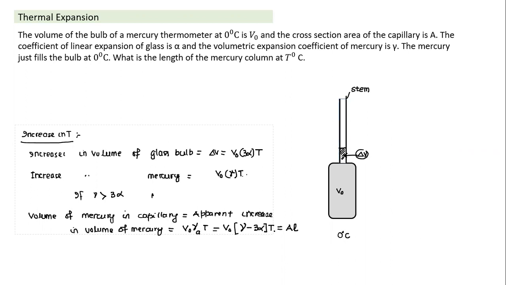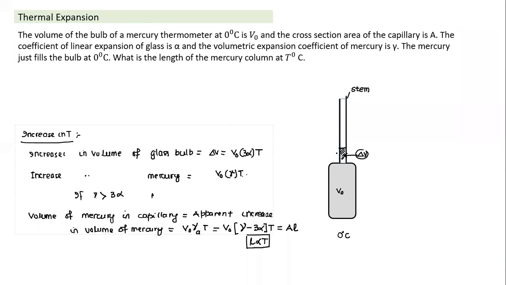And second, L is proportional to T here. So by this whole arrangement, we have found a way so that the length the mercury occupies in the capillary tube is proportional to temperature, and thus the principle behind measurement of any quantity.